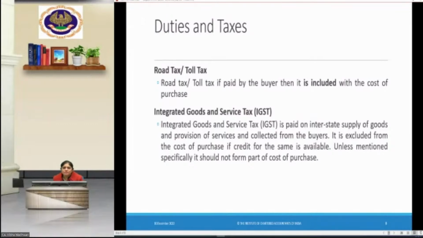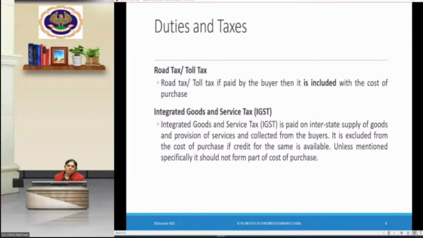IGST, integrated GST. If you have some idea about GST, when you have an interstate sale or purchase, interstate meaning between one state and another, let us say between UP and Haryana, the government charges integrated GST. Of course we pay it. Integrated GST is paid on interstate supply of goods and provision of services.